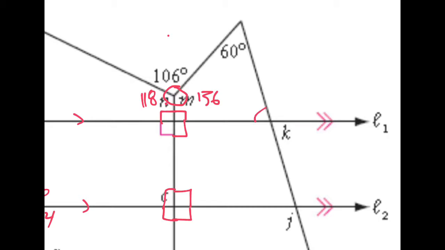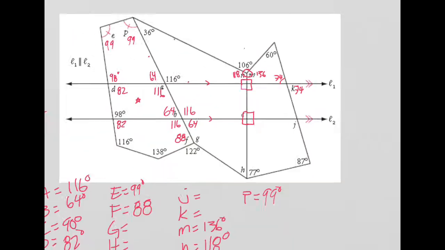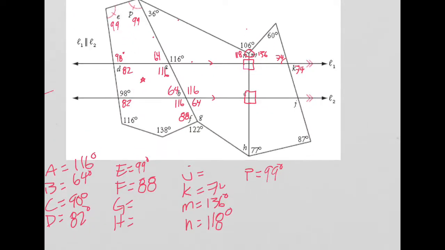Notice that would be the same as K, because those are indeed vertical angles. Again, that's a quadrilateral, so 360 minus 90 minus 136 minus 60 gives me 74 degrees for that angle, which tells me K is also 74 degrees.